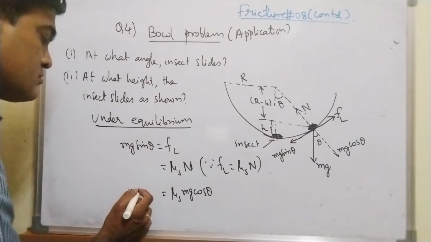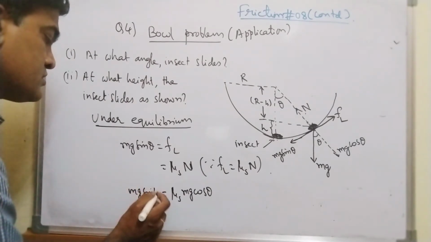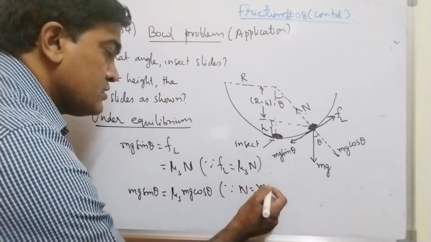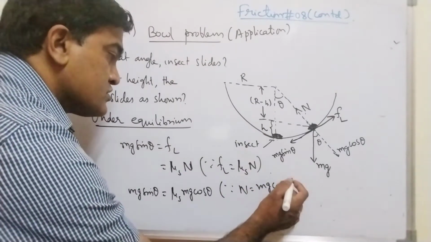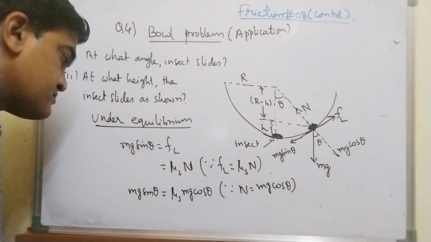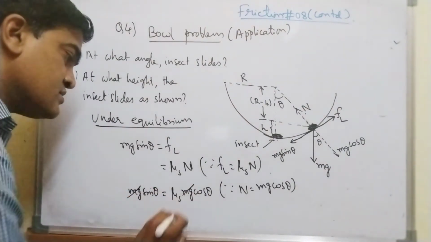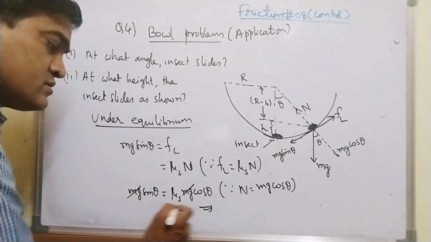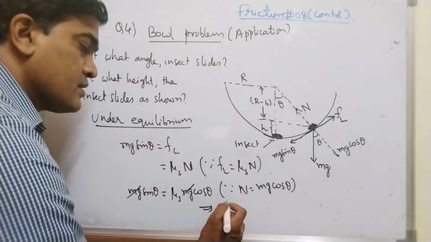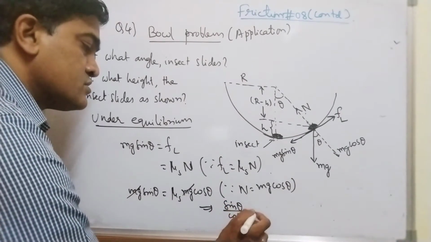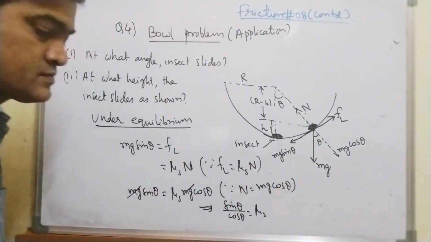So this is nothing but mg sin theta, since normal force is balanced by mg cos theta. Now can I cancel anything? mg gets cancelled. So you remain with, bring this cos theta to the left side, sin theta by cos theta is equal to mu s.